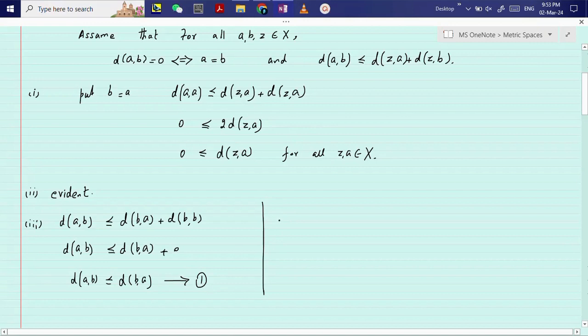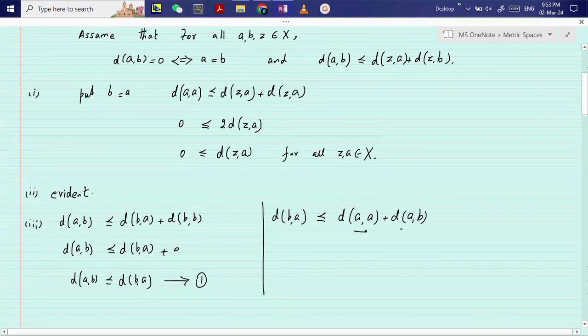And if we start from D of BA, and we put Z equal to A in this inequality, then we get D of AA plus D of AB, because this inequality holds for all A, B, Z belonging to X. So what is Z here?